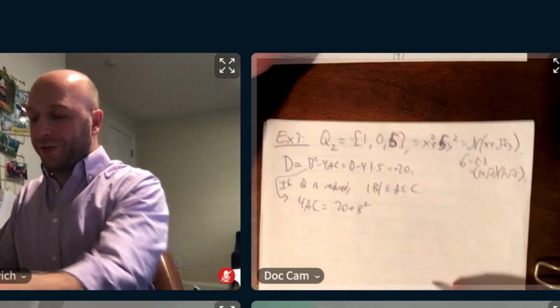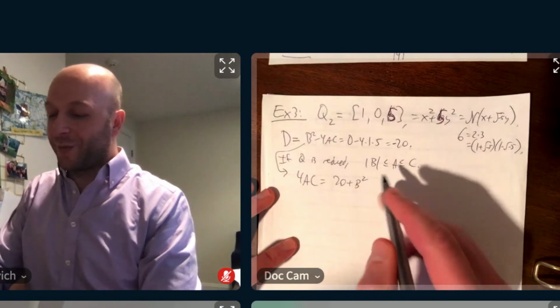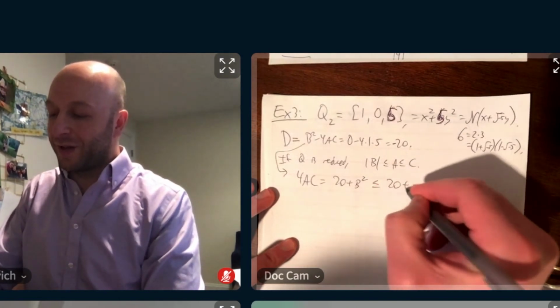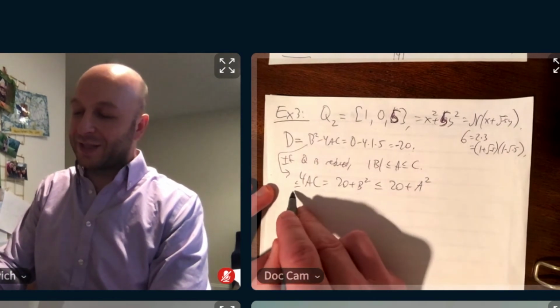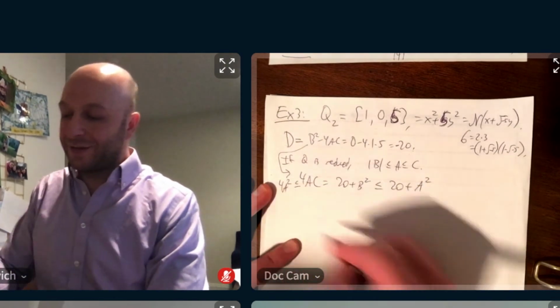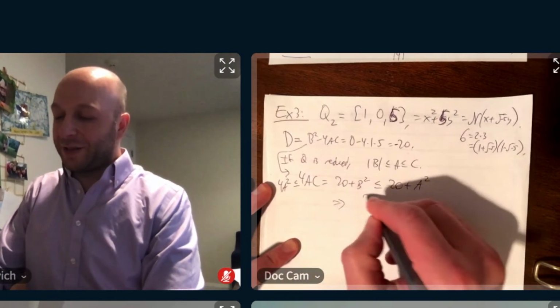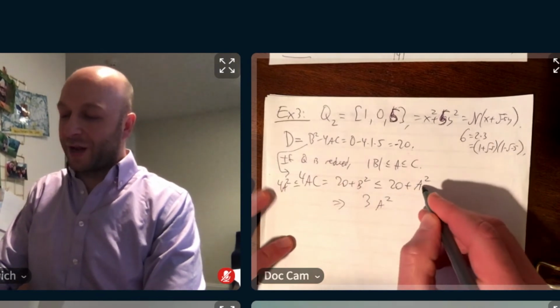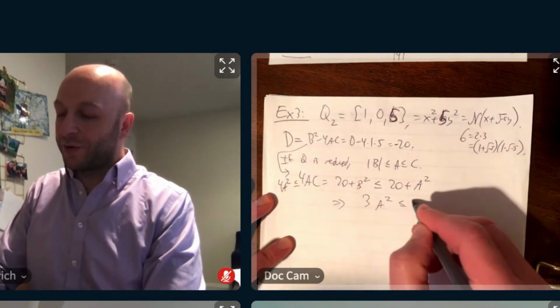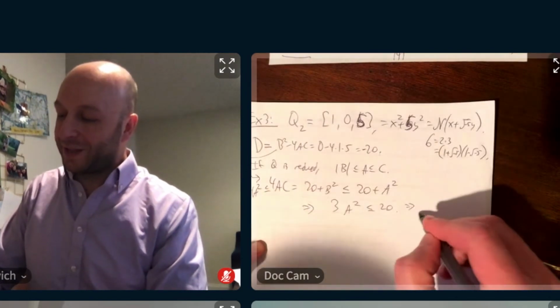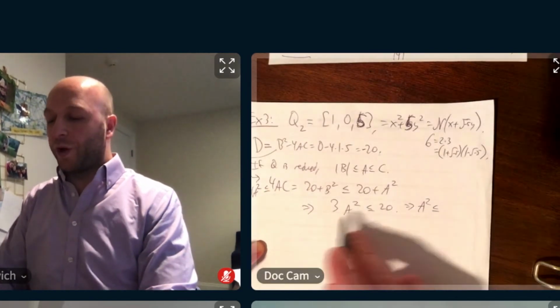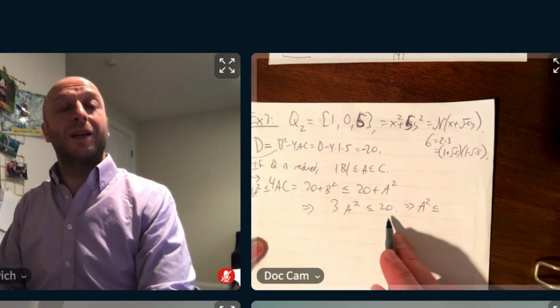If it's reduced, then I can replace B squared by A squared, 20 plus A squared. And I can replace C by A, and that makes this side smaller, 4A squared. And that means that 3A squared, when I subtract the A squared to the other side, is at most 20. Which means that A squared is at most 20 over 3, 6.